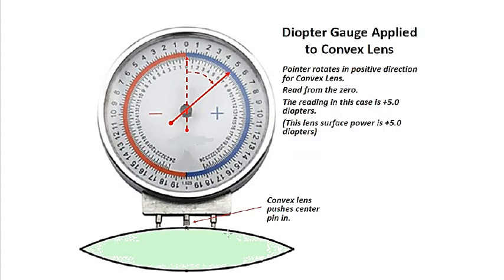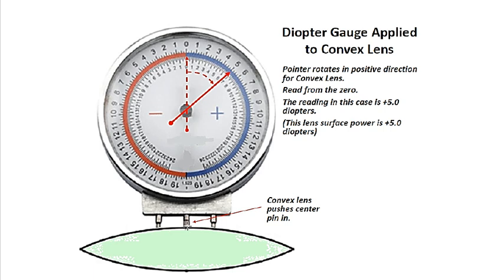Now we're in contact with the convex lens, and you see that the center pin is being pushed upward because of the convex lens curvature. So now you can see it goes from 0 past the 0 to the positive side, because when the diopter gauge lands on a flat surface, the pin is at 0.